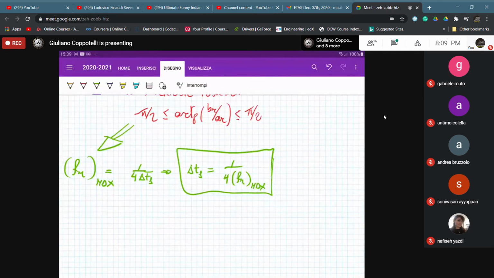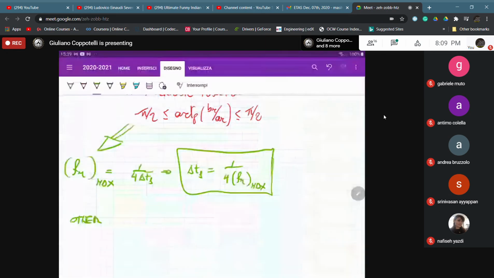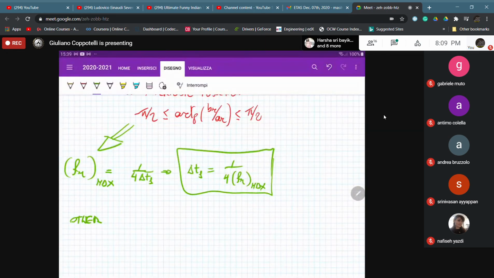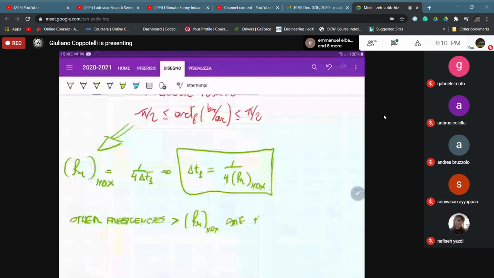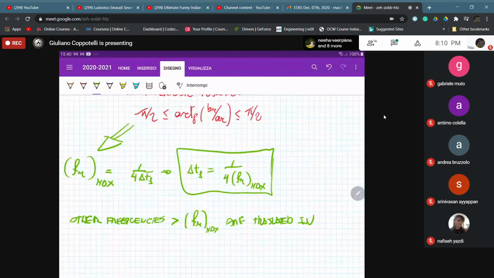Other frequencies higher than this maximum value are translated into the zero to maximum frequency range as wrong values.